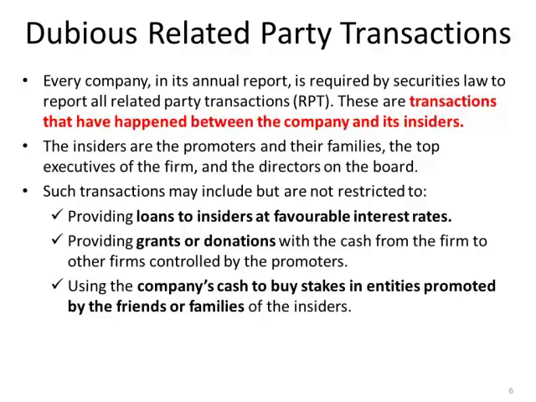And finally, using the company's cash to buy stakes in entities promoted by the friends or families of the insiders. So this is a similar concept. The company might use its own money to actually invest in businesses that are controlled or owned by the insiders. So these are all examples of dubious related party transactions.